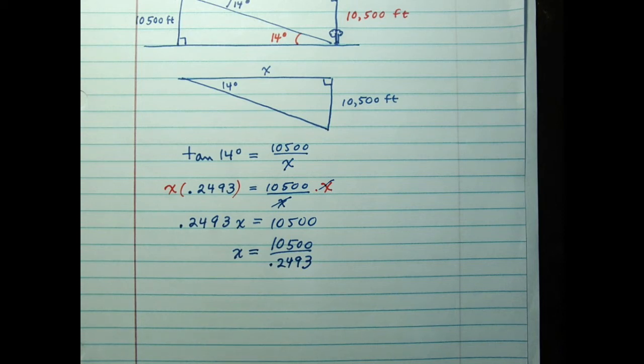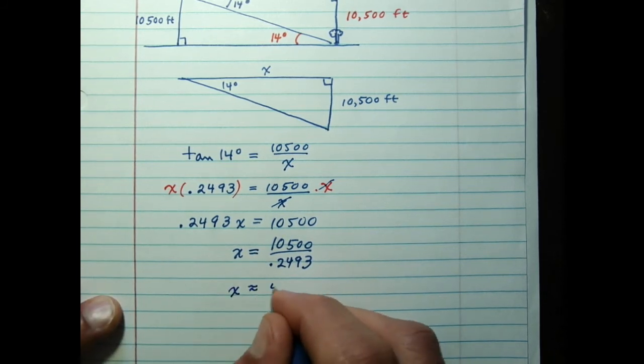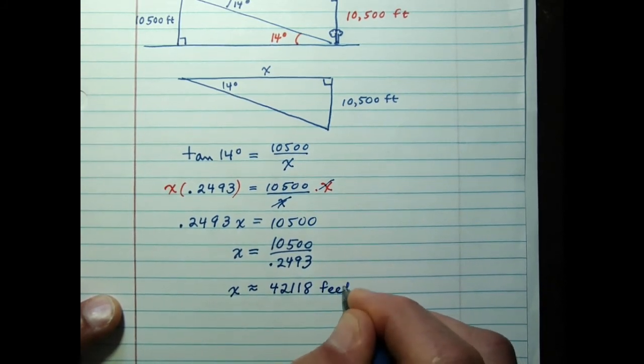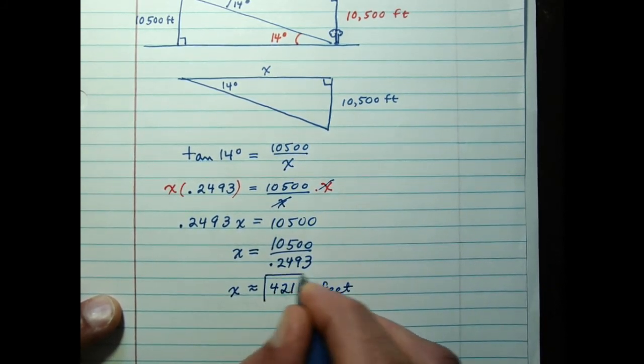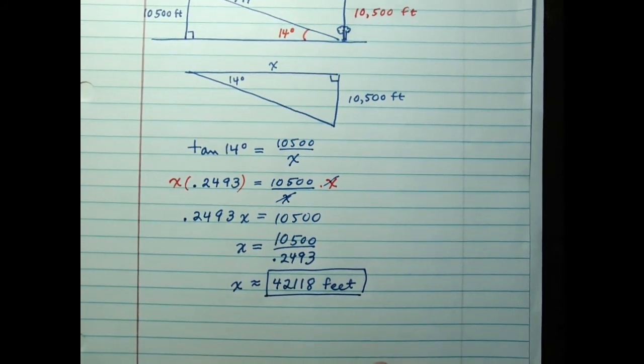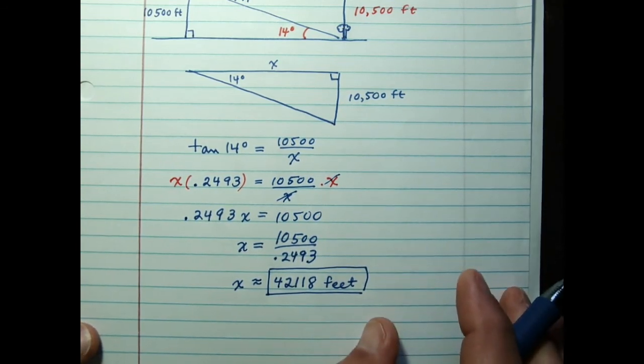I'm getting 42,118. 42,118 feet is how far the plane has to travel horizontally. You don't need to take it further than this because I didn't ask you to change units or anything.